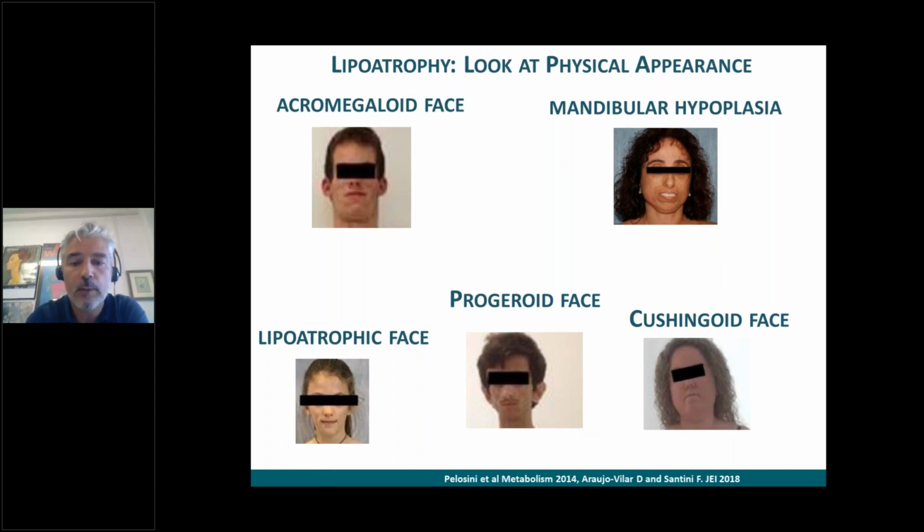Many forms of lipodystrophies are associated with progerias. Cushingoid phase. So in this case, there is an increase of fat in the face or in the neck. This may also be a sign important to be recognized, or the classic lipoatrophic phase that you can see here at the bottom in this curve.